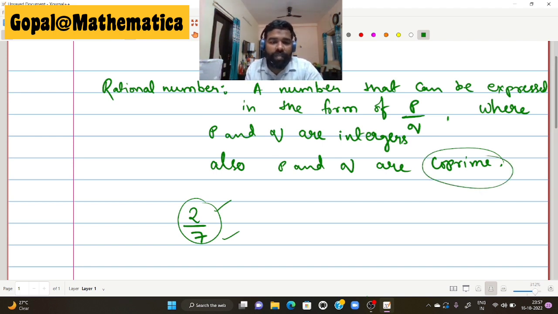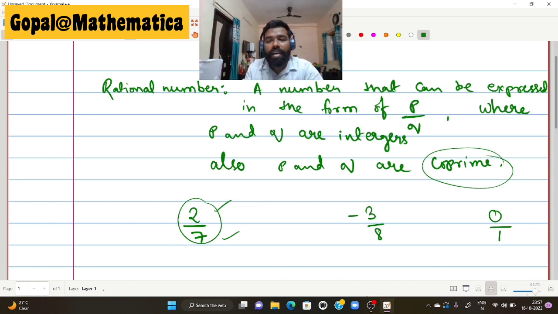Co-prime means the two numbers don't have any common factor between them. Okay, so we say that they are co-prime. Got it? So we can even take negative numbers as well. Why? Because these are integers. Integers include positive, negative, and even 0. 0 is also a rational number, because I can write 0 by 1.